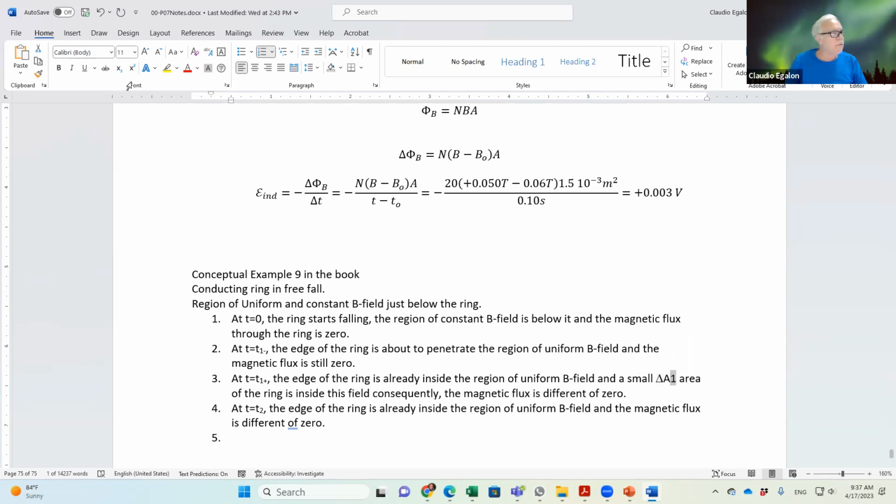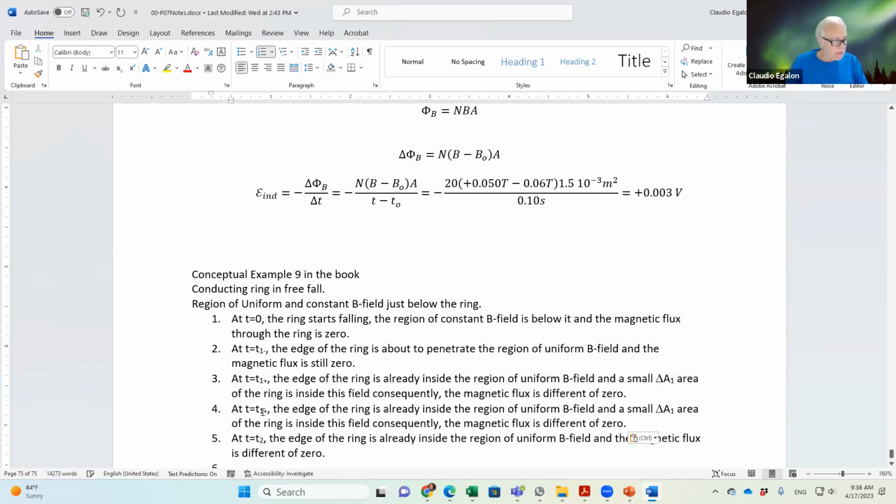At t equal to t2, now I'm going to copy and paste this one.